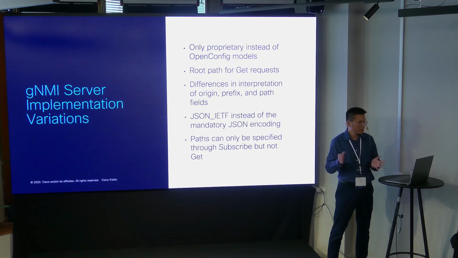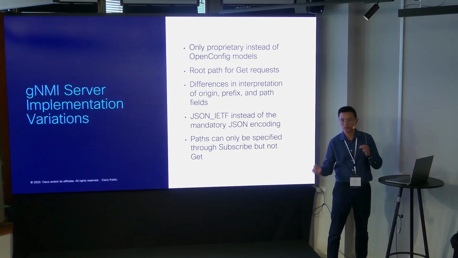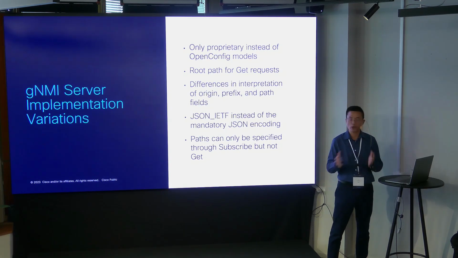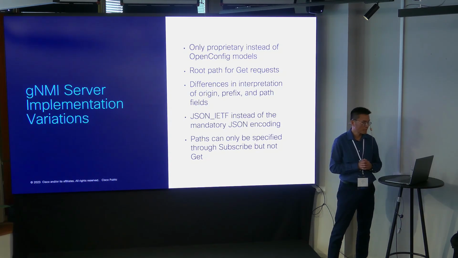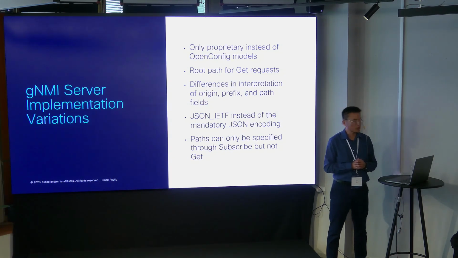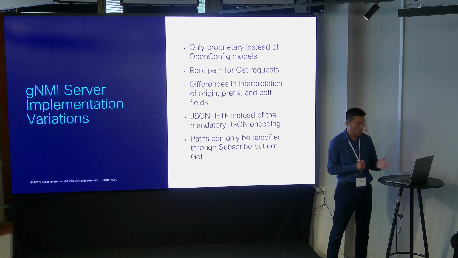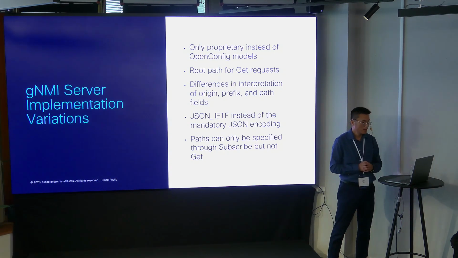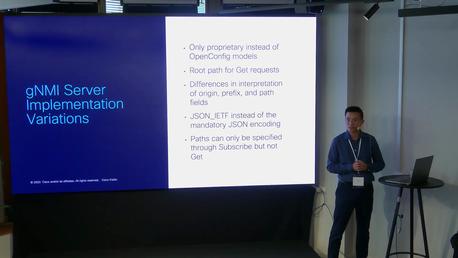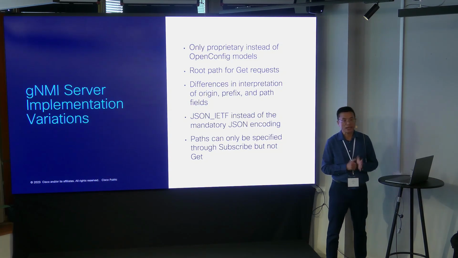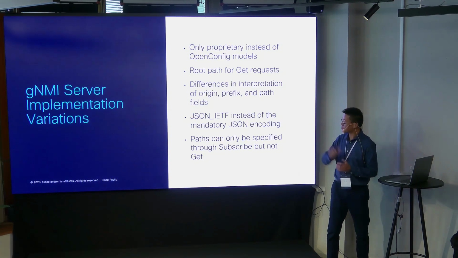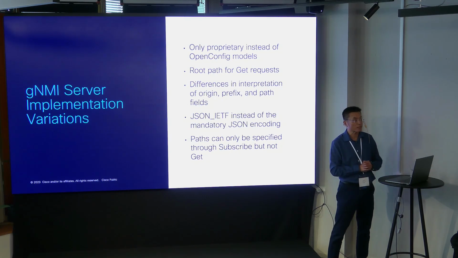Using YANG module names in either the prefix or the path field would seem reasonable to achieve that. However, very few servers support it. And the gNMI spec calls for JSON encoding to always be supported, meaning mandatory, but not all servers support JSON. It seems like JSON IETF is the one that is more popular amongst the implementations.